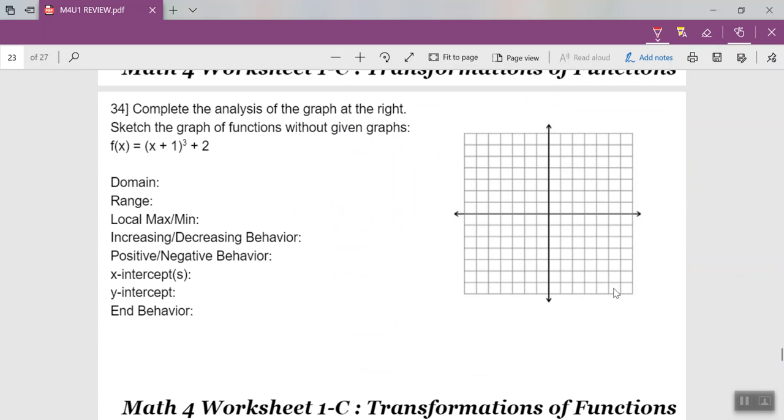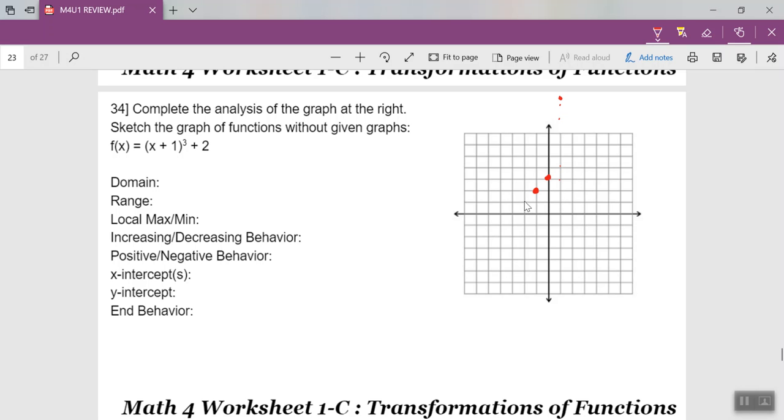This one is going to be shifted left 1 and up 2. Now, if I were thinking like this was the origin, I would normally go over 1, up 1. But remember, this is cubic. So if you go over 2, you go up 8. 2 cubed is 8. 1, 2, 3, 4, 5, 6, 7, 8.